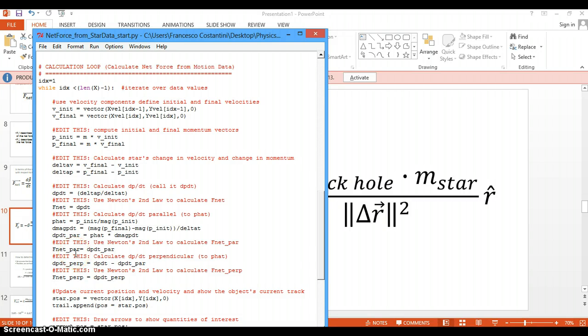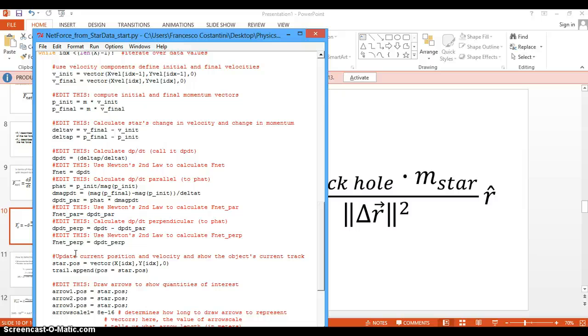And then the perpendicular component of the change of momentum with respect to time can be calculated as the difference between dp/dt and dp/dt parallel.